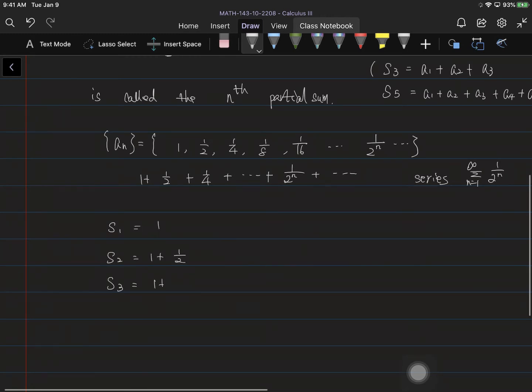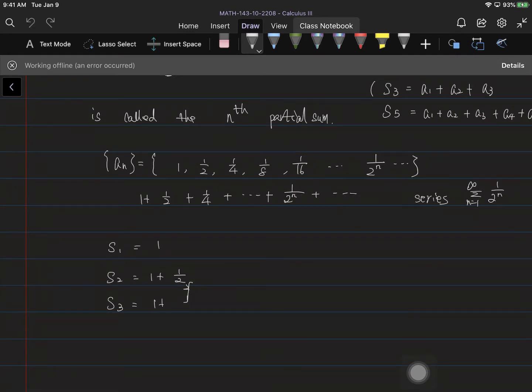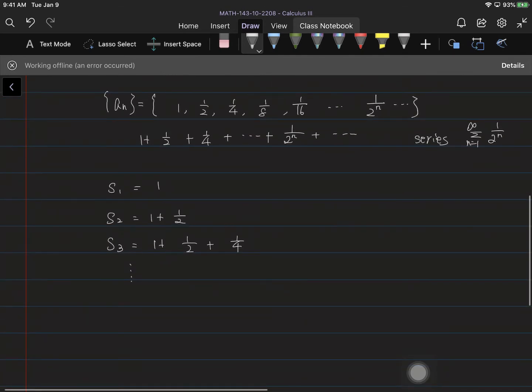S3, because we add the first 3 terms together, plus 1 over 4, and we skip the middle partial sums. Let's go to the Sn. Sn equals 1 plus 1 half, 1 fourth, up to 1 over 2 to the n minus 1.